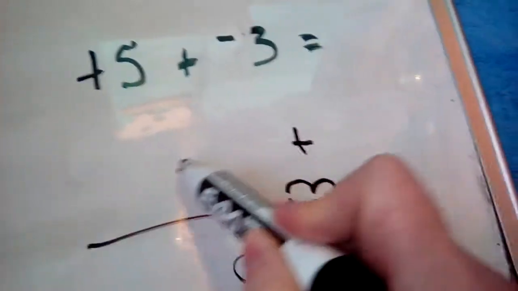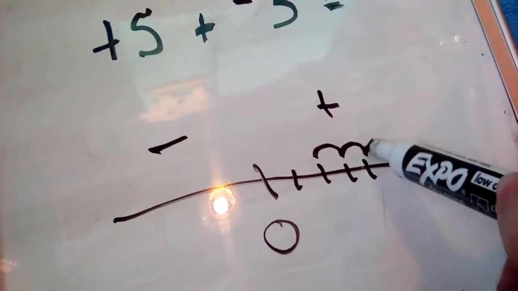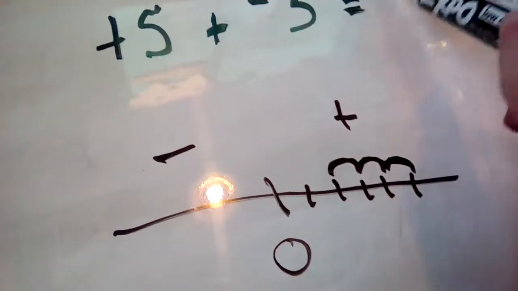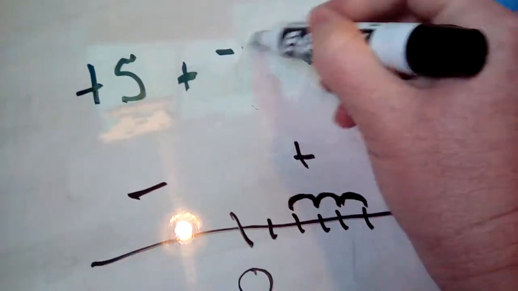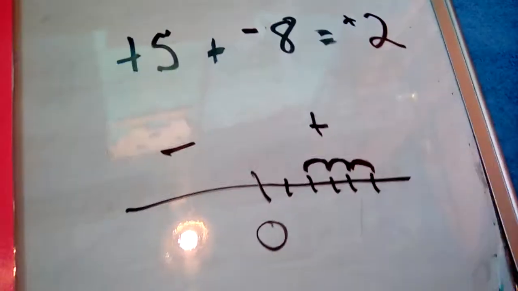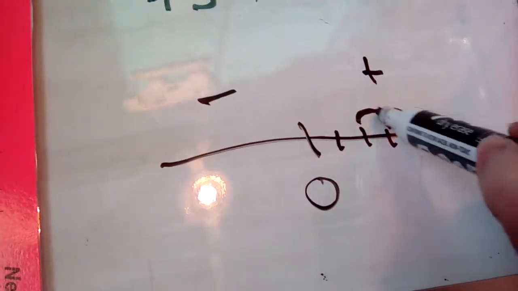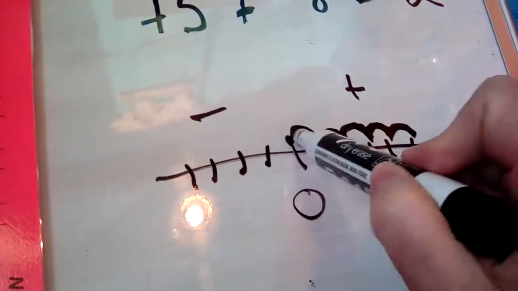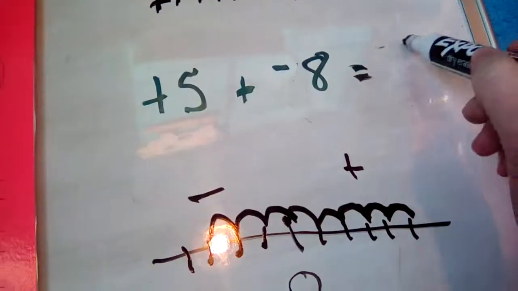Remember, this is the positive side, this is the negative side, and if I'm going to add a -3, then I'm going to go towards the negative side, which would be a +2. If I had a -8, I would be moving it 1, 2, 3, 4, 5, 6, 7, 8, which would be a -3. Okay, so you can remember that.